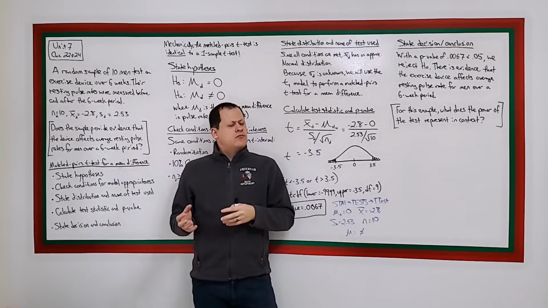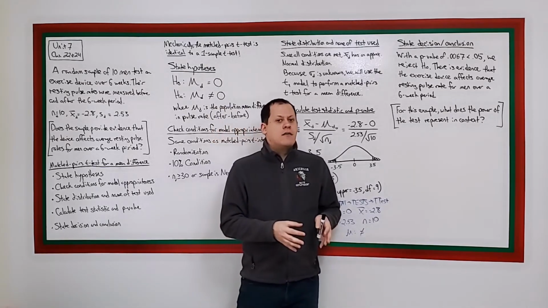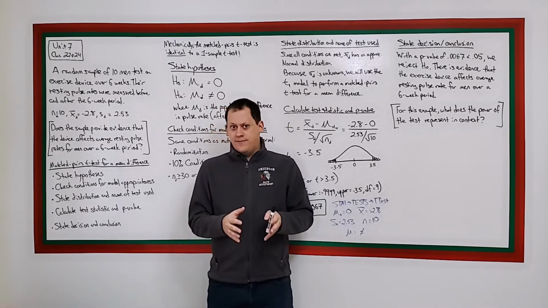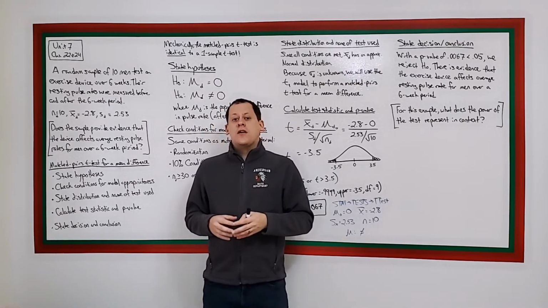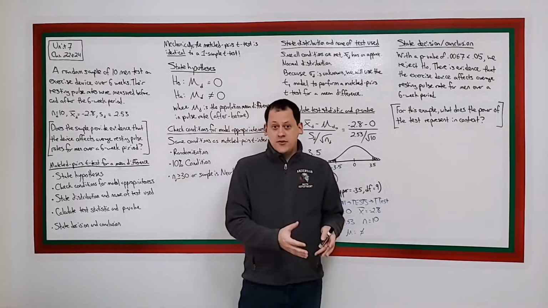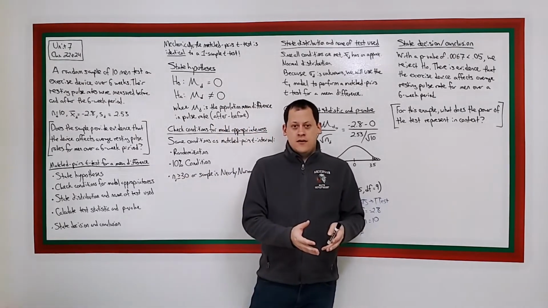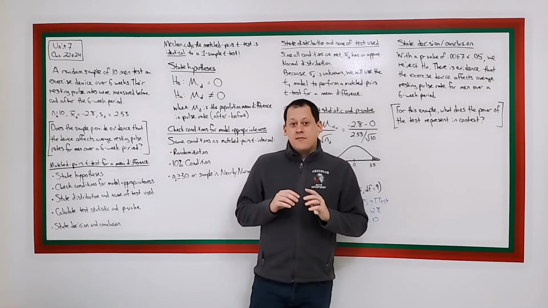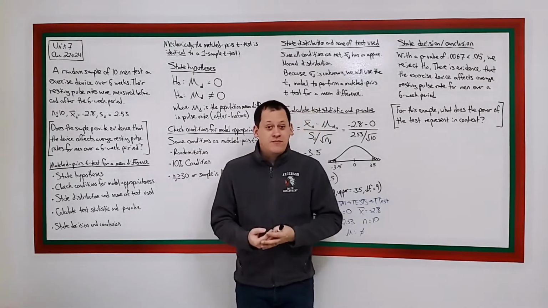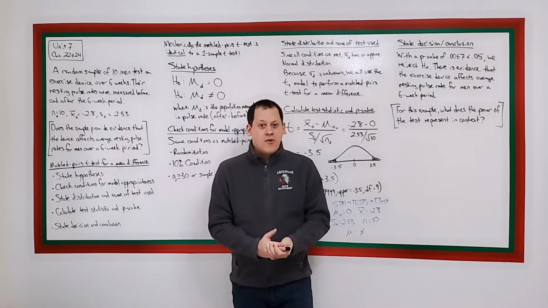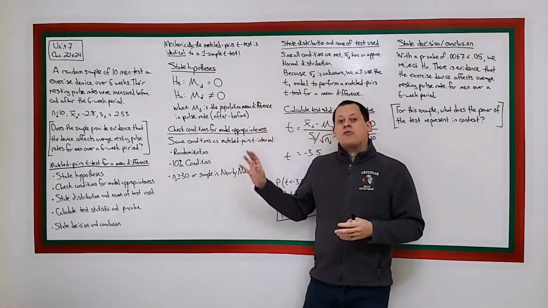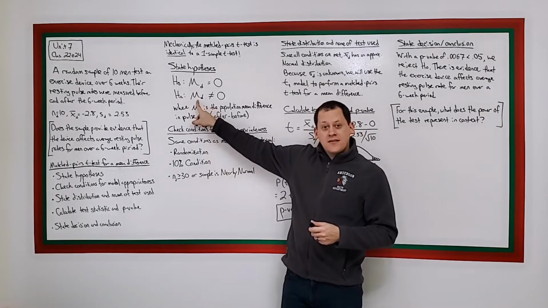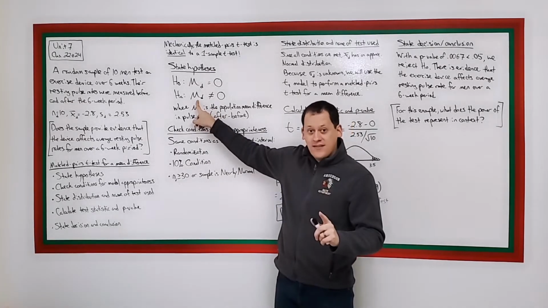Remember, power is related to type 1 and type 2 error. Type 1 error is when the null is true and we reject it. Type 2 error is when the null is false and we fail to reject it. But what's power? Power is pretty much the goal of the test. Remember, when we do a hypothesis test, what we're really interested in is rejecting the null hypothesis, if we should.